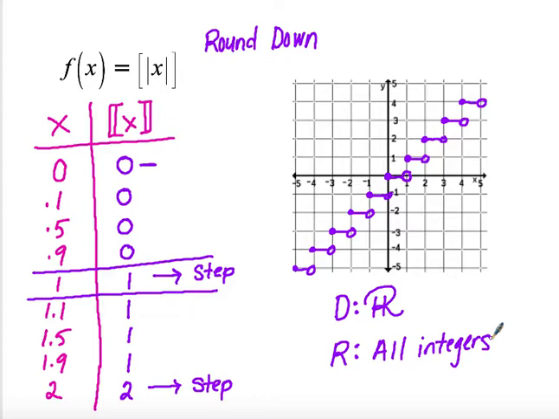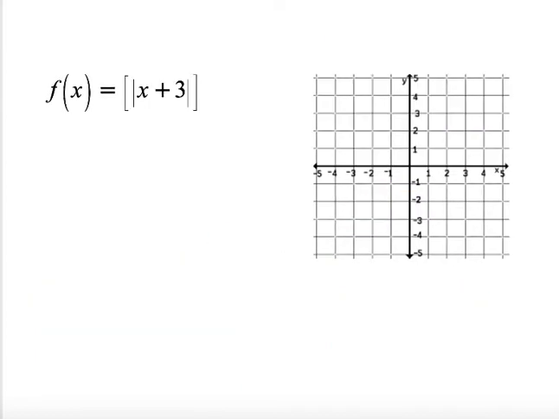Now we're going to look at ones that will have things added, subtracted, multiplied and divided to them. Our first function that's not the parent function, the greatest integer of x, is going to be the greatest integer of x plus 3. I'm going to perform the order of operations, understanding that these greatest integer functions will act like parentheses.